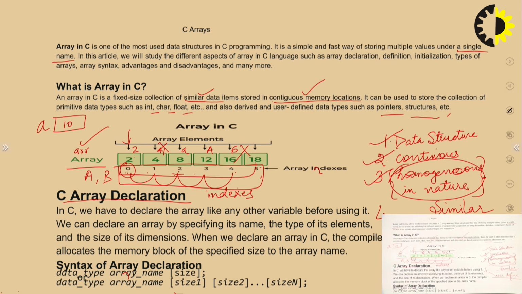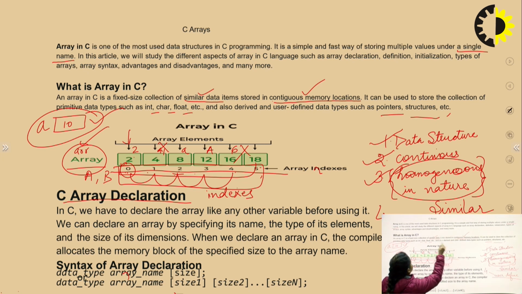That element could be any type, but you can store only a single value under that variable. But here you have seen that under a single variable you can store multiple elements. That is what it is saying, under the single name.